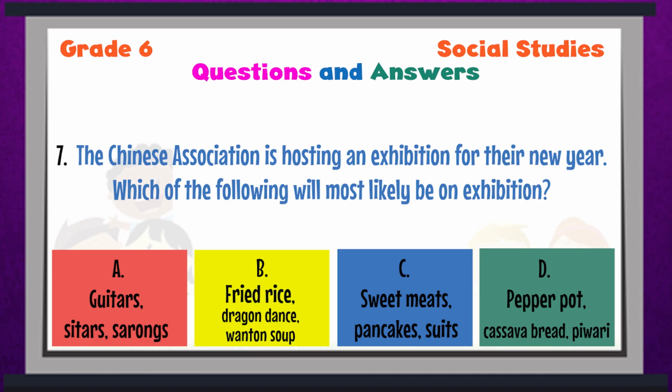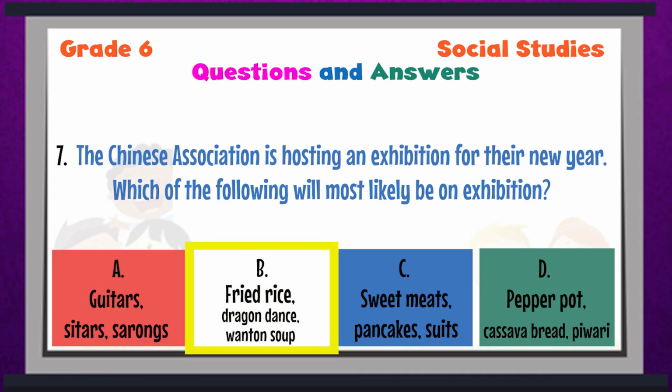Or D, pepper pot, cassava bread, paiwari. The answer to question 7 is B, fried rice, dragon dance, wonton soup. These are all contributions that were made to the Guyanese society by the Chinese. Of course, the others are mixed with contributions that the other ethnic groups would have contributed.